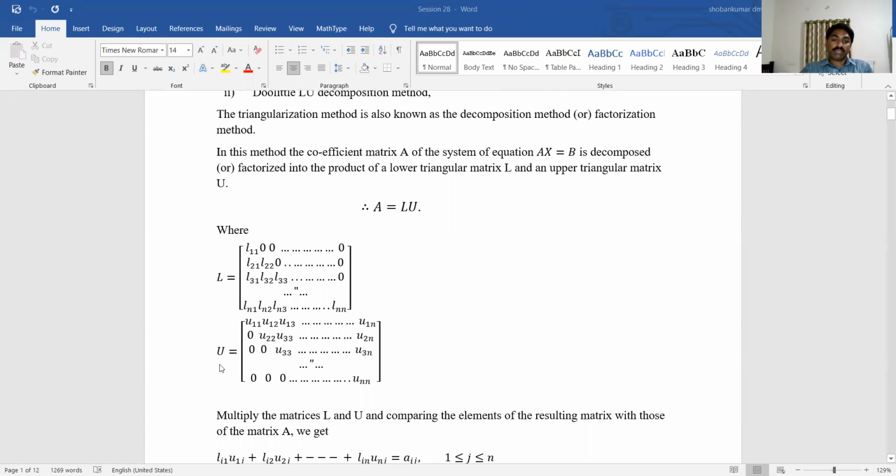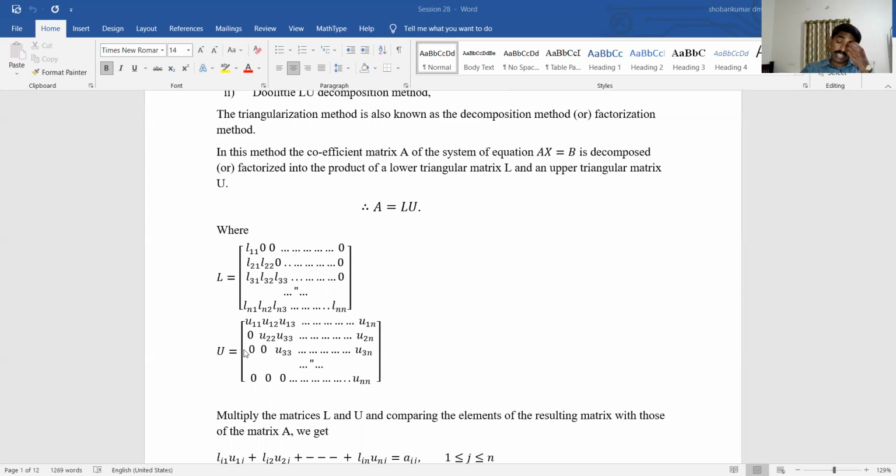And the upper triangular matrix U is equal to U11, U12, U13 and so on U1n; then 0, U22, U23 and so on U2n; 0, 0, U33 and so on U3n; and so on, 0, 0, 0, Unn. This is the upper triangular matrix. In an upper triangular matrix, all the elements under the main diagonal should be 0. This is lower triangular, this is upper triangular.